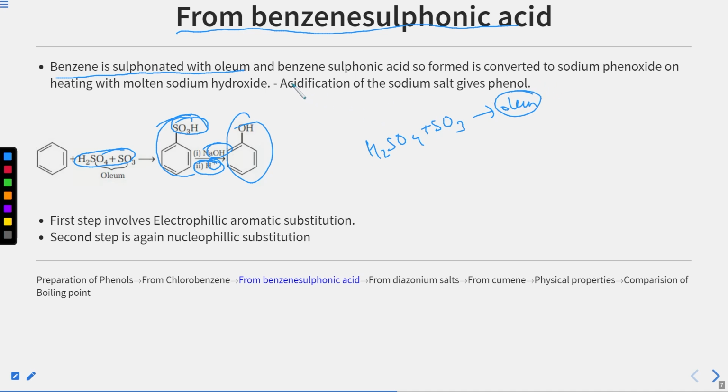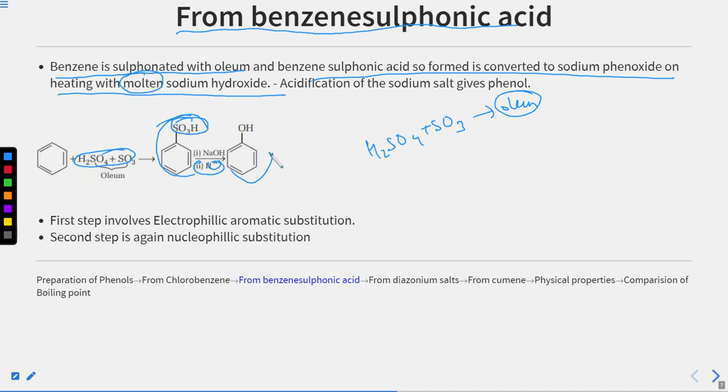So it is written here also. The benzene sulfonic acid so formed is converted into sodium phenoxide on heating with molten sodium hydroxide. So it is also done at high temperature, but not high pressure. See, it is written that it is converted to sodium phenoxide on heating with molten sodium hydroxide.